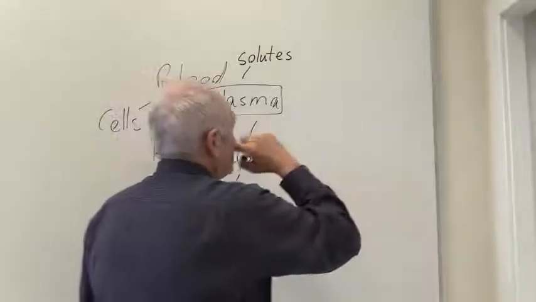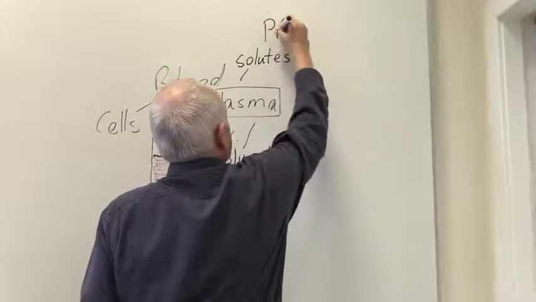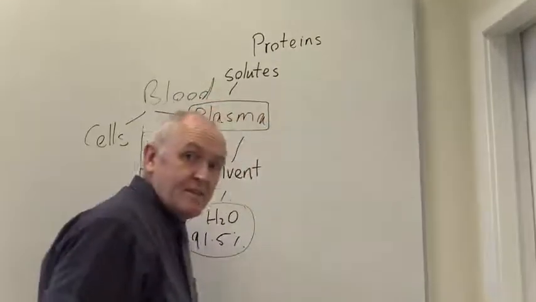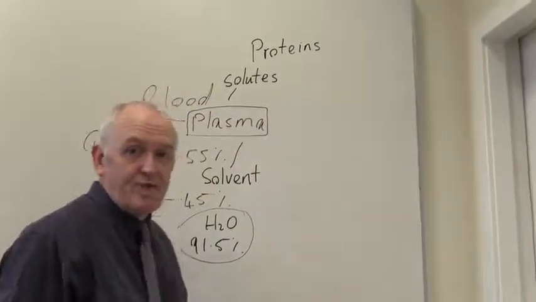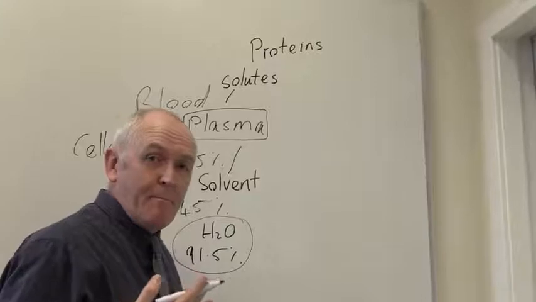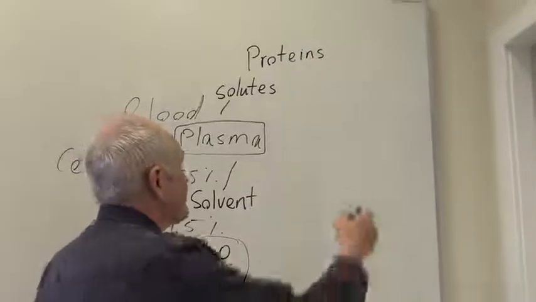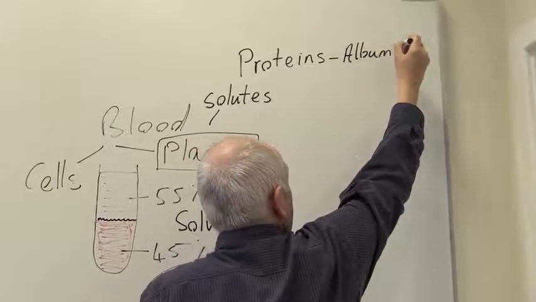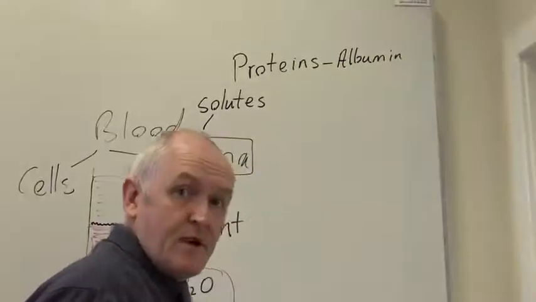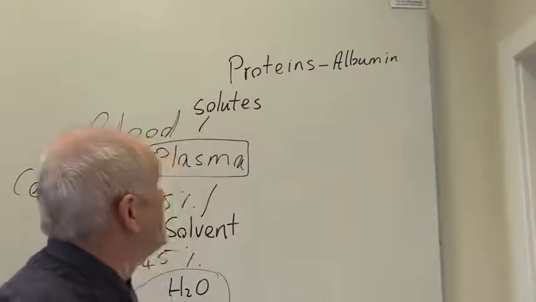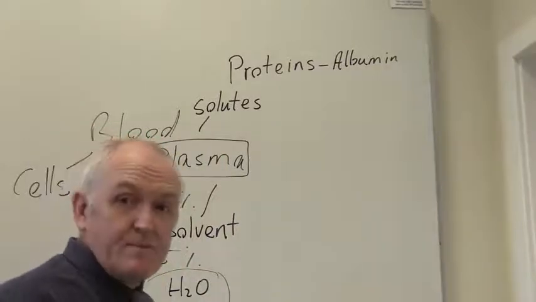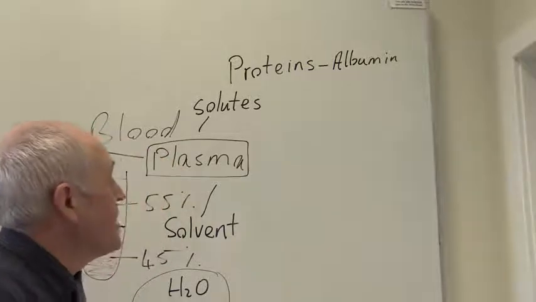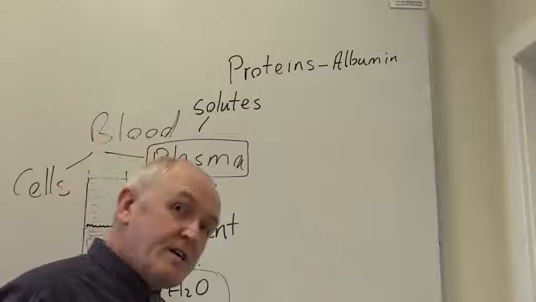The first one we can mention are proteins. In the plasma, there are plasma proteins. Proteins are the big molecules. So, for example, we have albumin. Now, albumin is the most common, most ubiquitous protein in the plasma, and it's a large protein, a large molecular weight, so it's very osmotic.